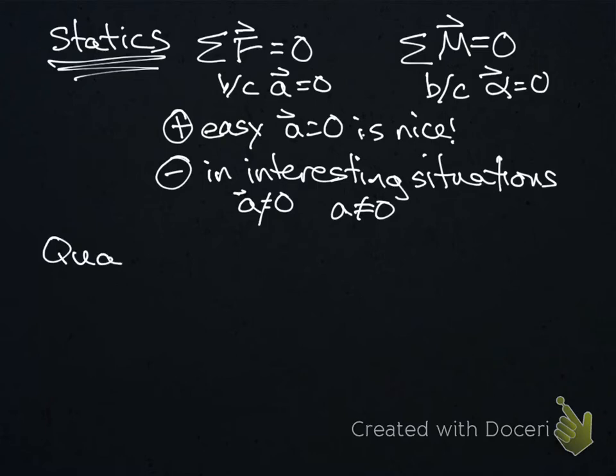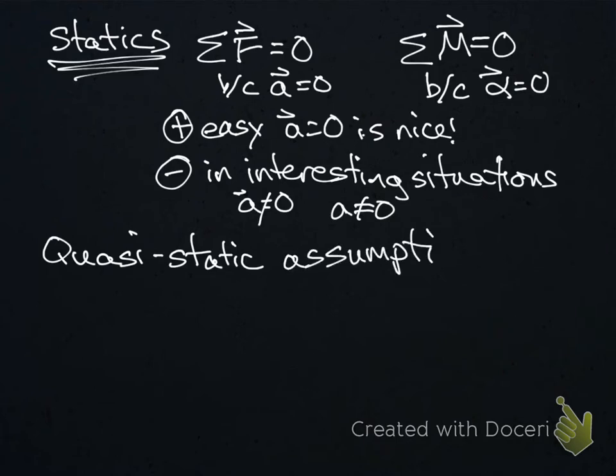Now, we often do this in biomechanics, where we'll make something we call a quasi-static assumption, which is basically just saying that A is equal to 0, even though we know it's not. So a quasi-static assumption: A equals 0, even though it doesn't.